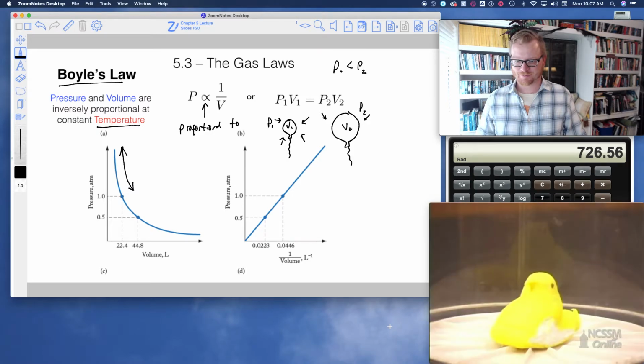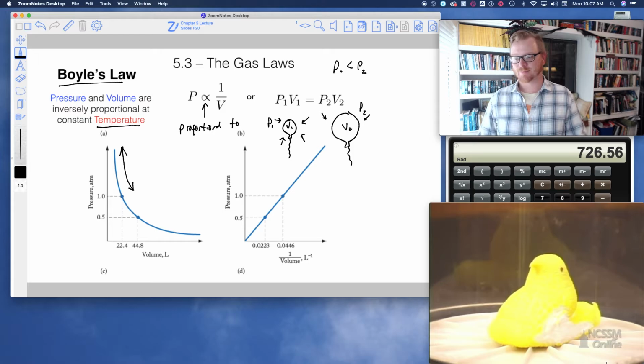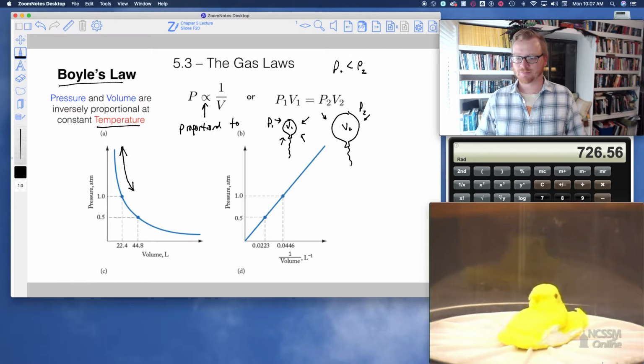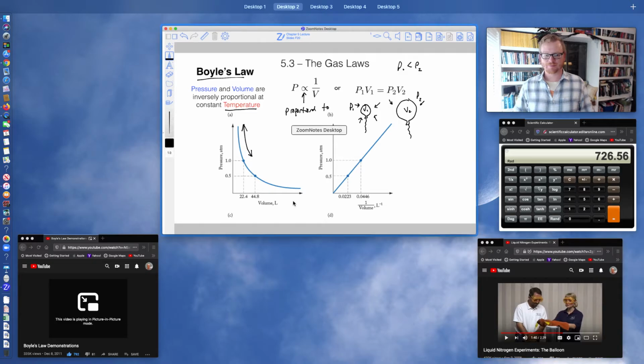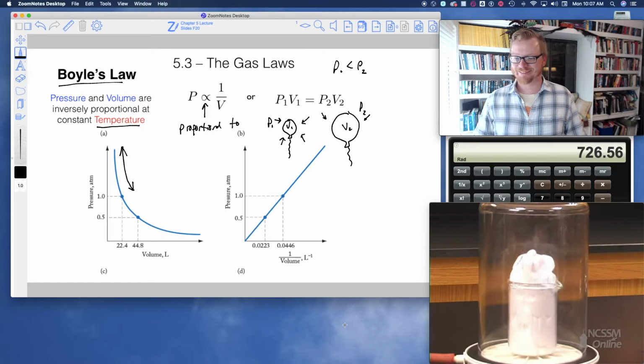As we apply the vacuum, the pressure outside is lower than the pressure inside. The air in the PEEP will expand to try and equalize the pressure. When we release the vacuum, the pressure increases and the volume decreases. As another illustration of Boyle's law, we will put some shaving cream into our vacuum jar. The shaving cream contains air trapped in a soap mixture. As we apply a vacuum, the pressure outside is lower than the pressure inside. The shaving cream will expand to try and equalize the pressure. As you decrease the pressure, the volume increases.